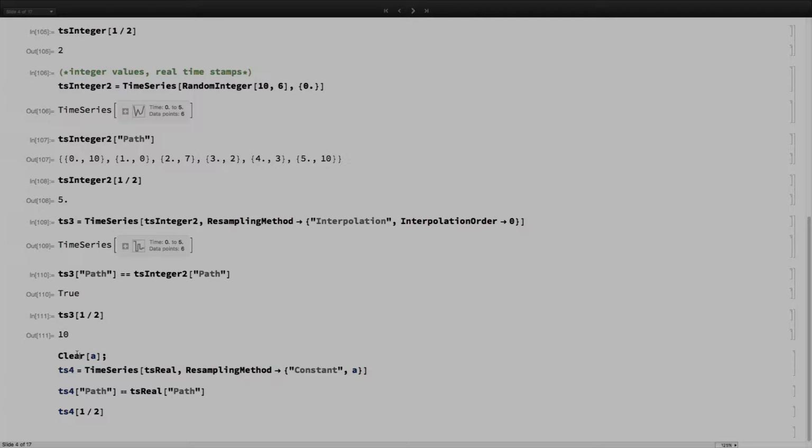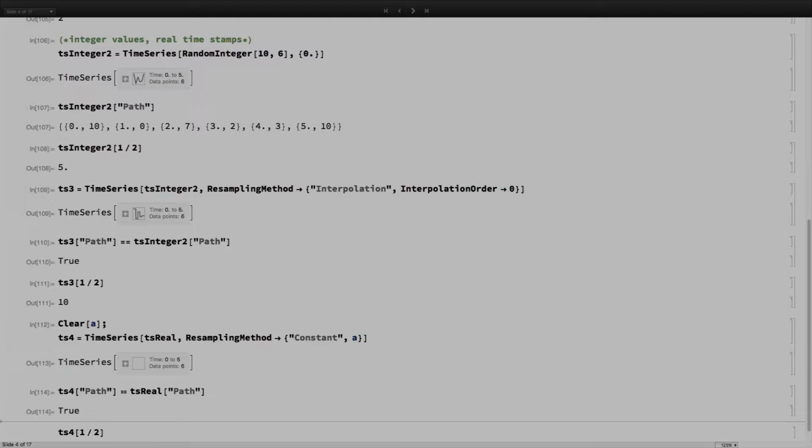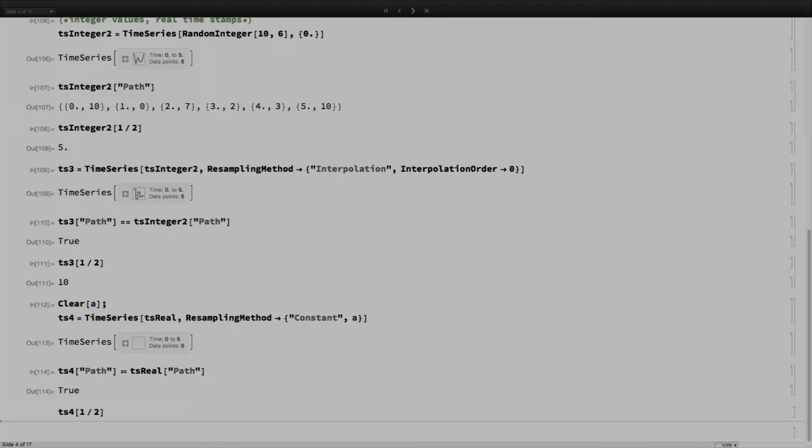The other way to change this behavior in between the timestamps is to, for example, set a constant. I have here actually a symbol, A, and you can see that I changed the TS real with this resampling method, and the path didn't change, but of course when we ask what is the value in between the timestamps, it's going to be a symbol. Also I would like to point out, when you look at the small outputs here, they have small plots in each output.